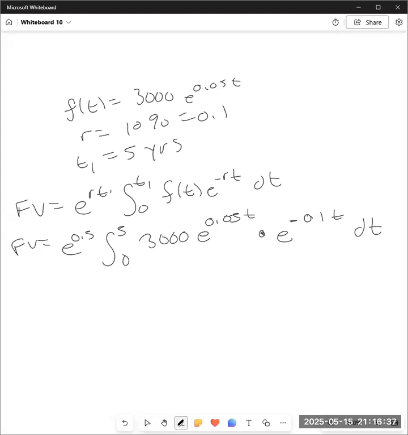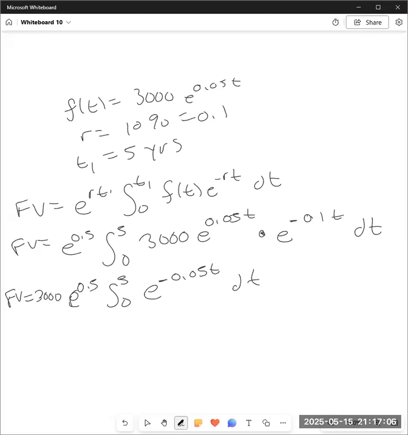So that's going to be future value e to the 0.5, 0 to 5. Bring the 3,000 out. E to the negative 0.05 t. 0.05 minus 0.1 is negative 0.05 dt.